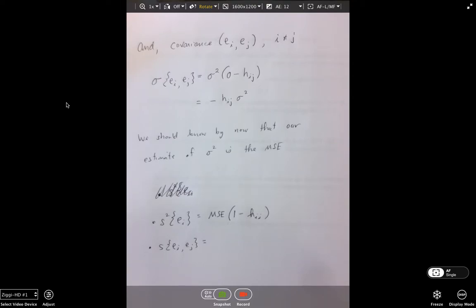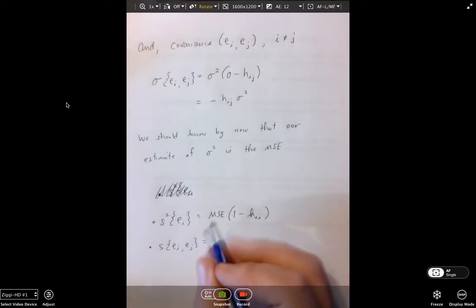It looks at how a variable varies within itself. It can be thought of as kind of a correlation, but the correlation uses standardized measures, where covariance uses the measures that the variables are actually measured in.